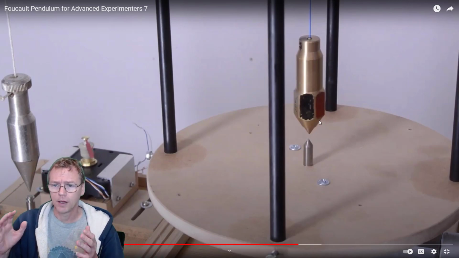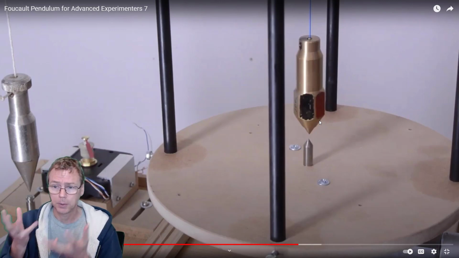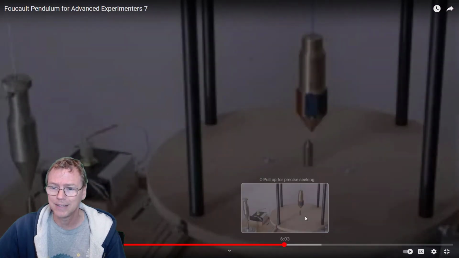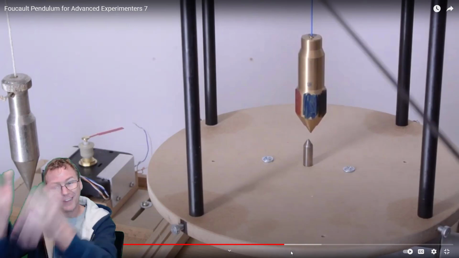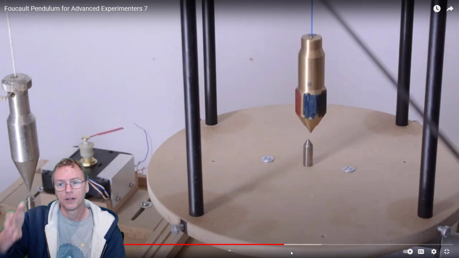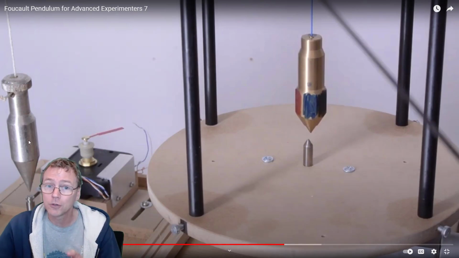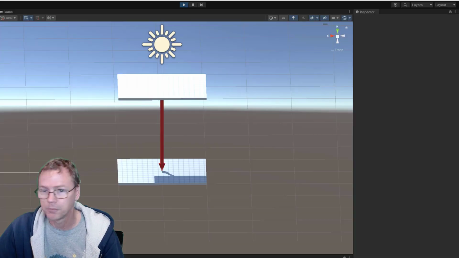Why is it different? When we rotate this platform, we see that the plumb bob deviates away from its original position. Why does rotating this one cause the plumb bob to get off center when rotating the one we just saw did not? I have made a little simulation of that one as well.